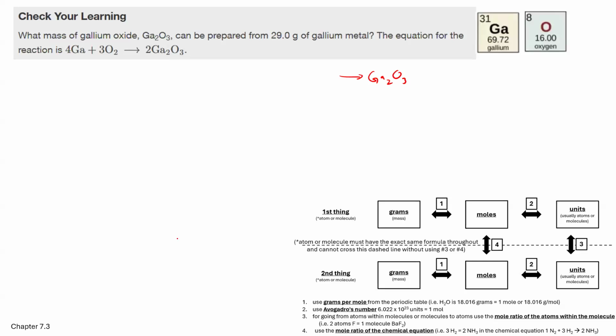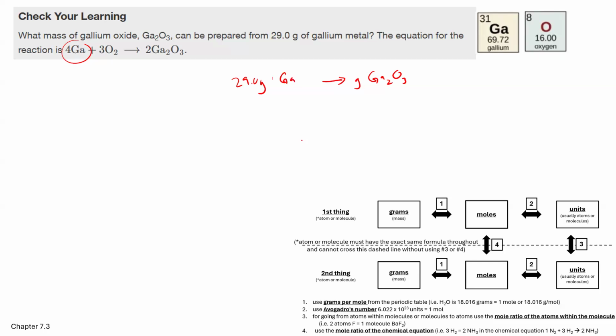But we're looking for mass, so grams of Ga2O3. We're starting off with 29.0 grams of just straight up gallium metal.